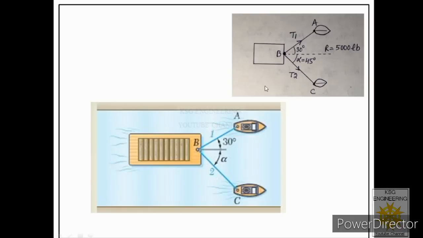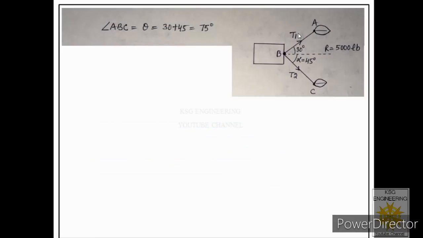It is very important that we draw the free body carefully, because the accuracy of the answer will depend upon the correctness of the free body. Okay, so what are we asked? We are asked to find the tensions in these two ropes. That is, we have to find T1 and T2.